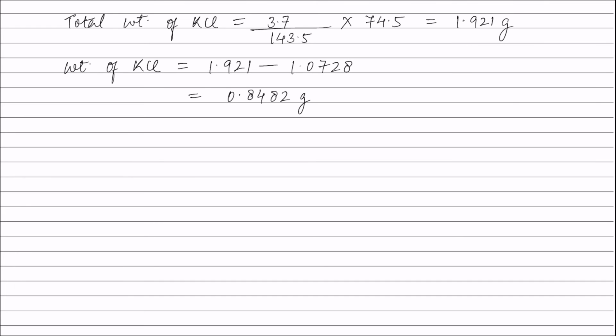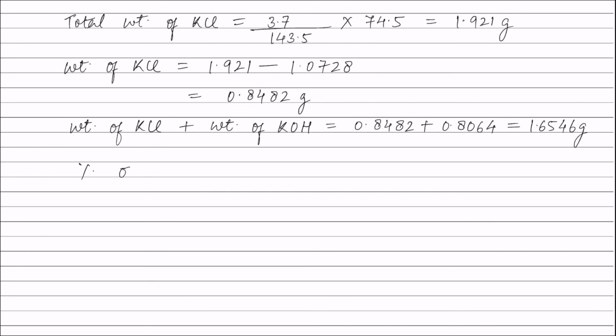and this is equal to 0.8482 grams. Therefore, weight of KCl present originally plus weight of KOH is equal to 0.8482 grams plus 0.8064 grams, and this is equal to 1.6546 grams.